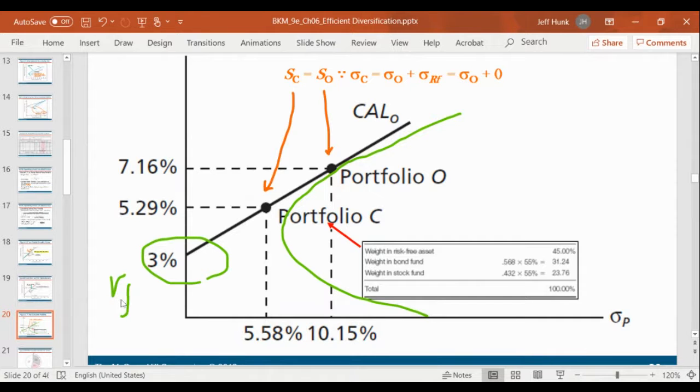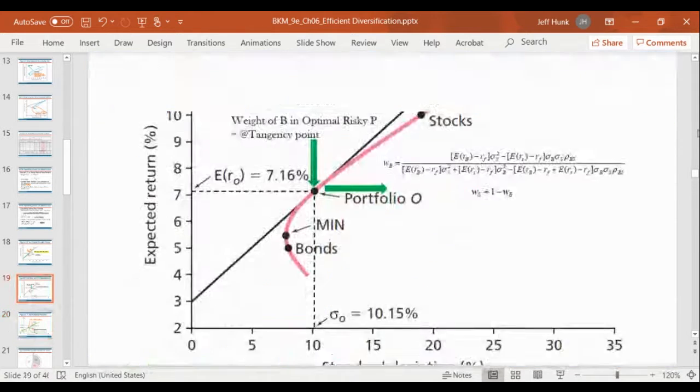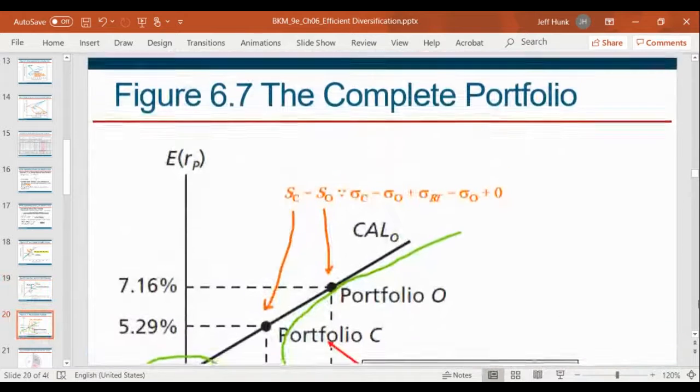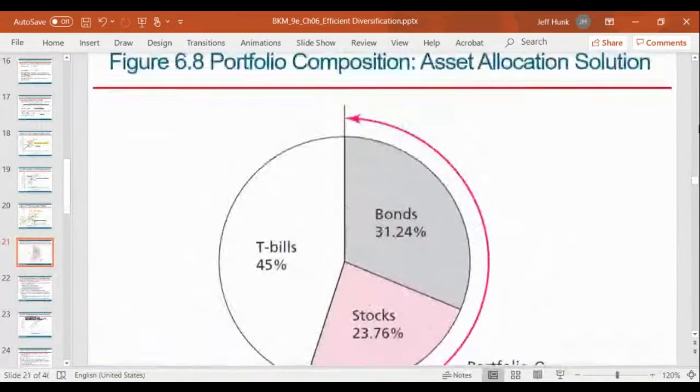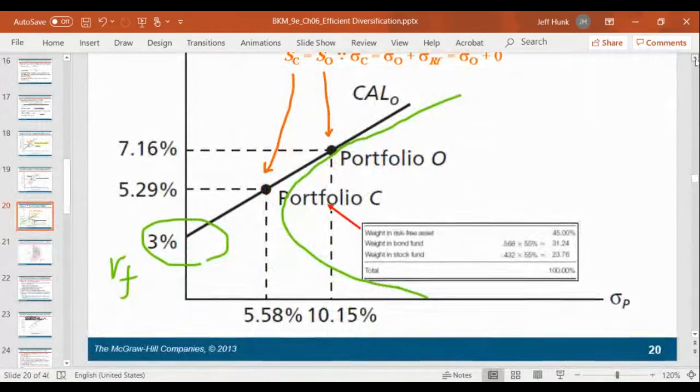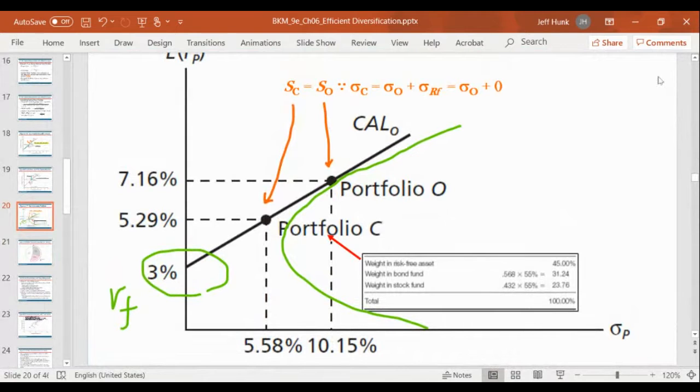It adds the lower bound to our portfolio. And it doesn't increase or decrease the Sharpe ratio of the optimal portfolio.